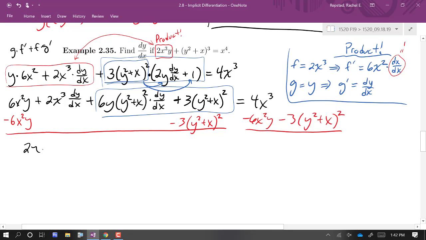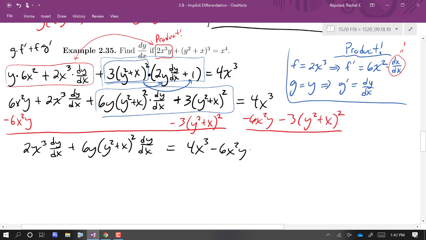So we have 2x cubed dy dx plus 6y times y squared plus x squared dy dx equals 4x cubed minus 6x squared y minus 3 times y squared plus x, all squared.